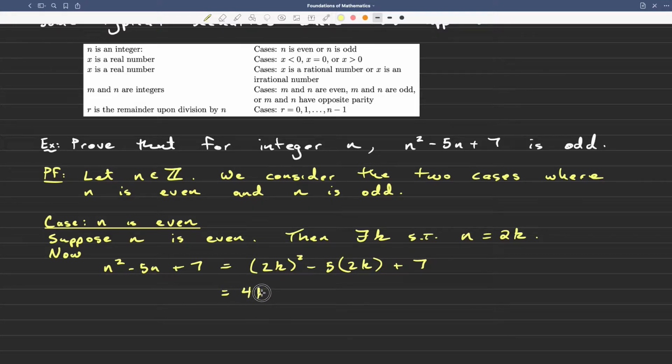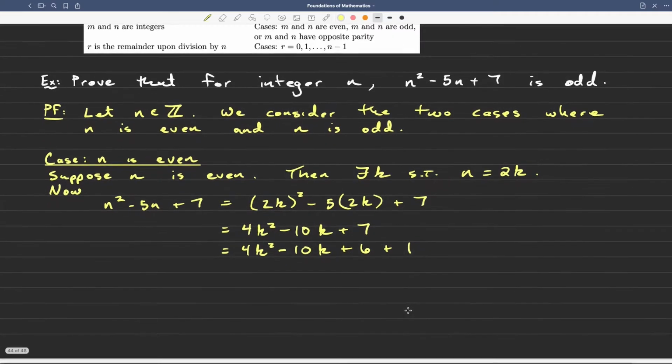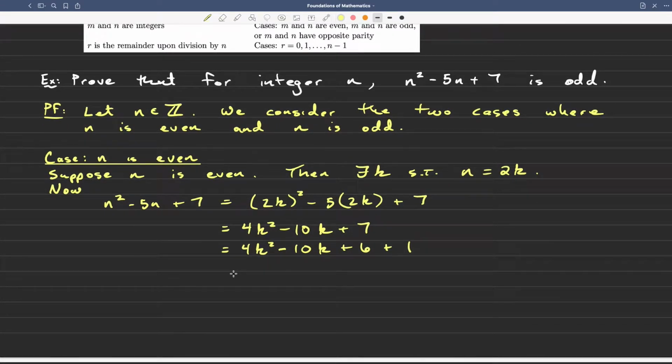So this is 4k squared minus 10k plus 7. And I could think of that as 4k squared minus 10k plus 6 plus 1, because we need to get that plus 1 out there for our expression to have that form 2 times an integer plus 1. So now I can take those first 3 terms and pull a 2 out, and I get 2 times (2k squared minus 5k plus 3) plus 1.